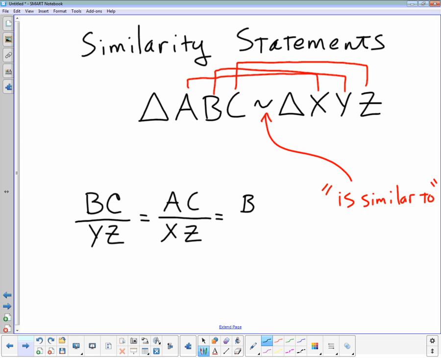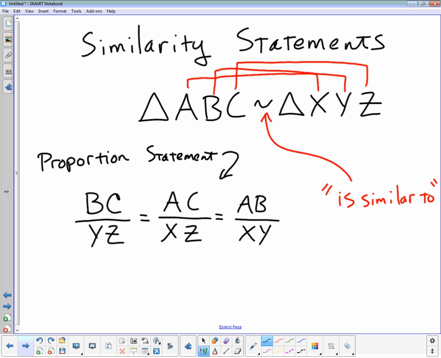I'm sorry, AB, my fault. This is the proportion that you will be asked to produce from time to time, showing all of the proportional parts. That's the proportion statement.